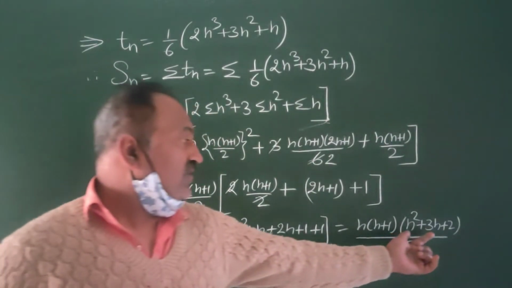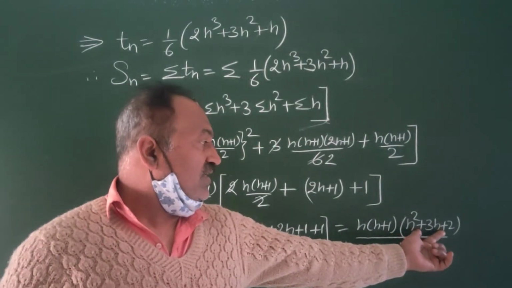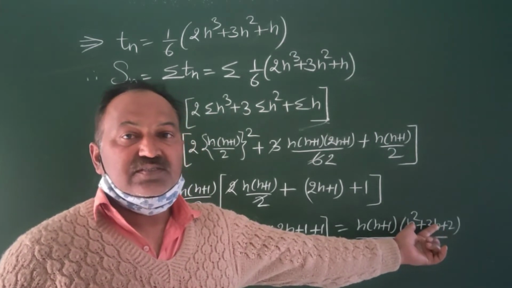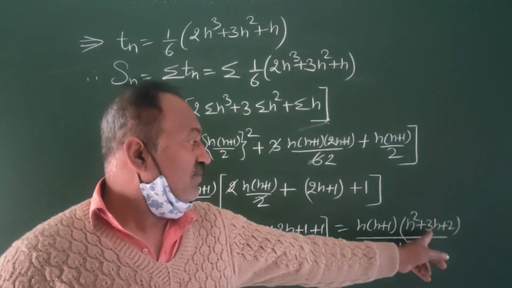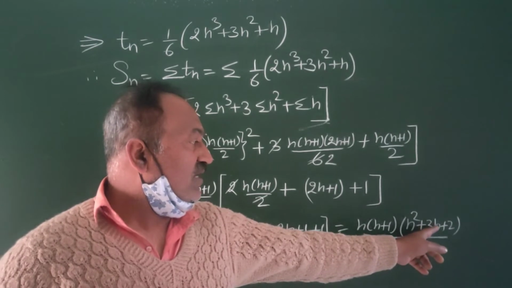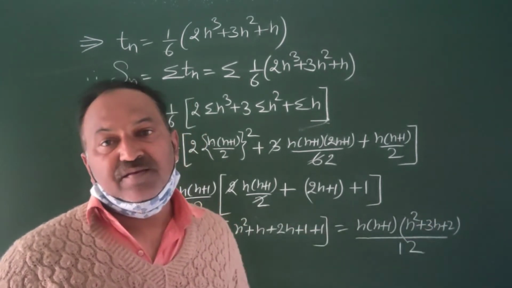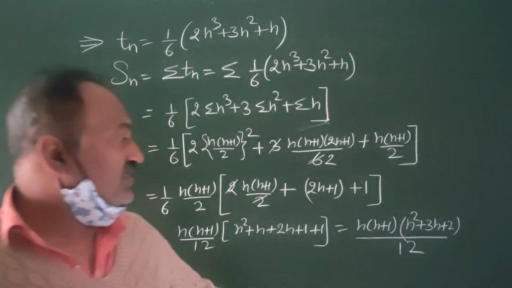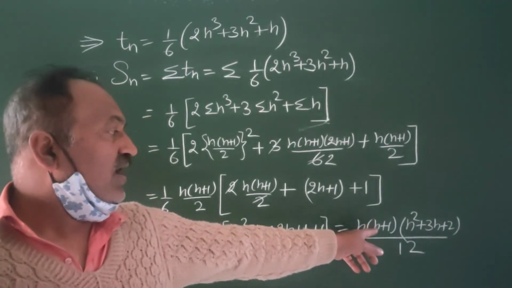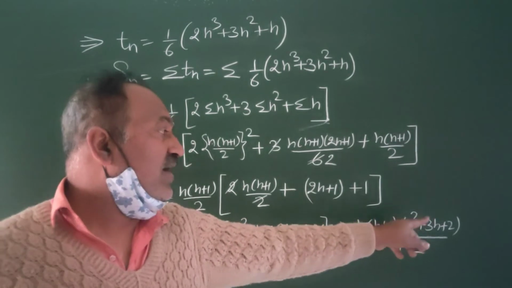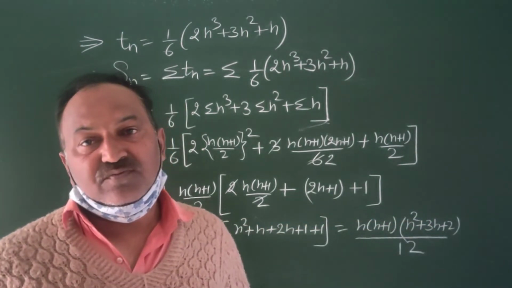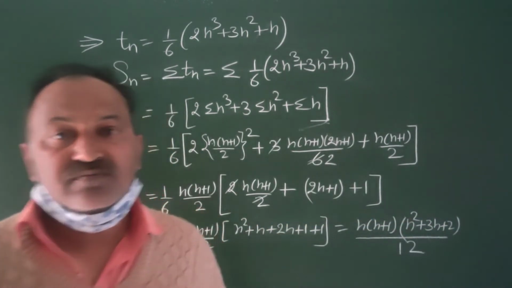And we can also make the factors of this. The factors of this will be n plus 2 into n plus 1. Hence, the answer will be n into n plus 1 whole square into n plus 2 upon 12. That's all.